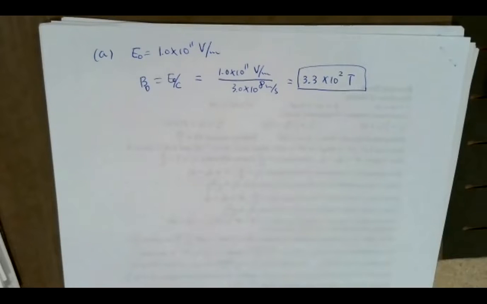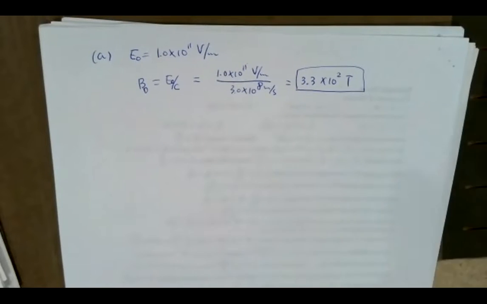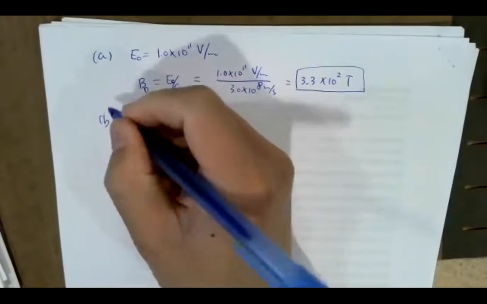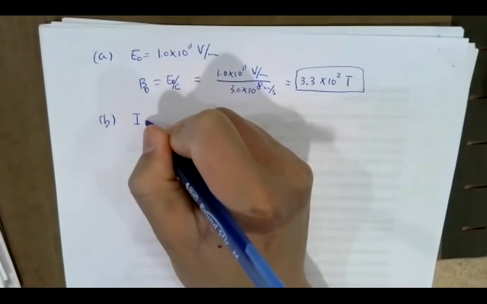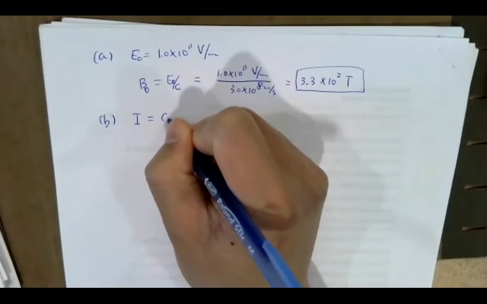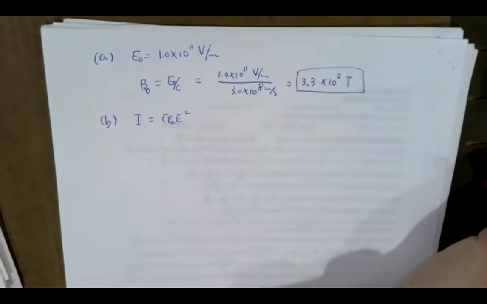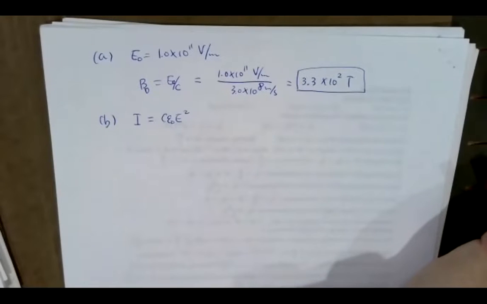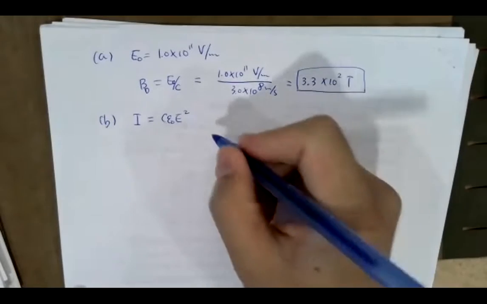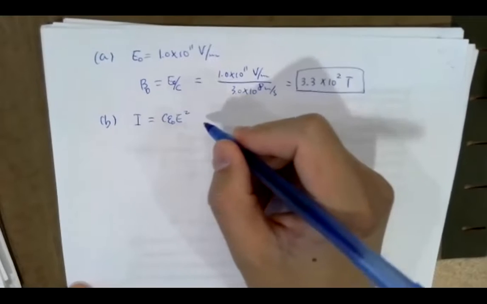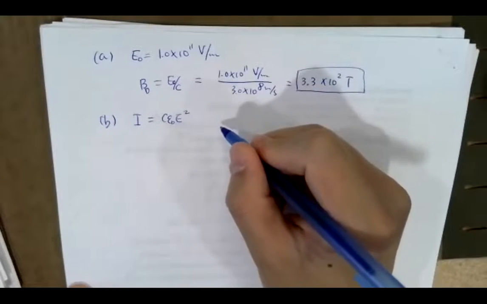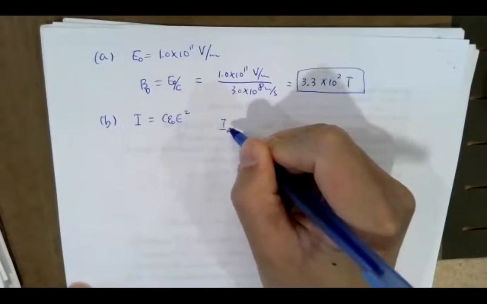Part B is asking what the average intensity of the beam is. The average intensity of the beam is equal to c epsilon naught times E squared.